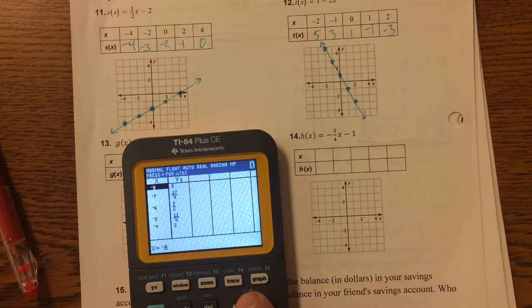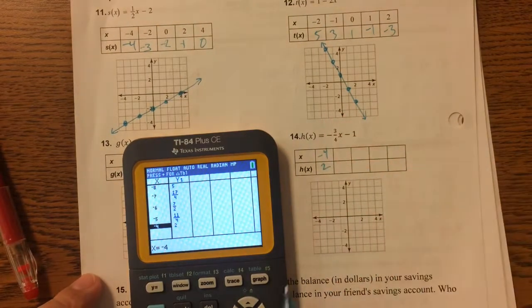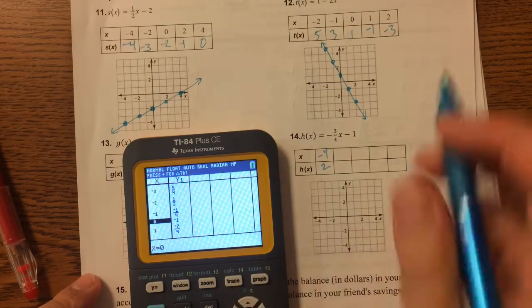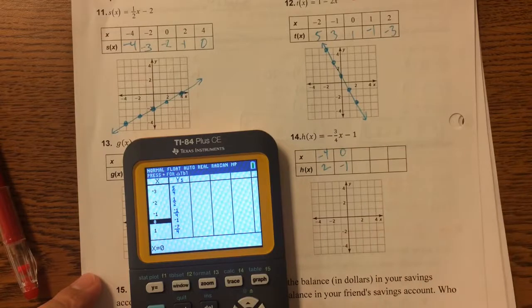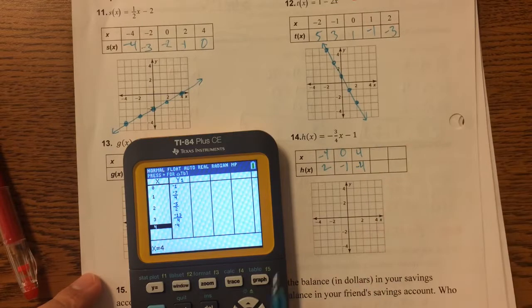So I'm looking for numbers that are not fractions here. So -8, -5 isn't really going to fit on there, but -4, 2 will. And then I'm just scrolling down until I can find ones that are easy to plot. So like 0, -1, that'll work. 4, -4. It looks like that's probably going to be the last one that will fit here.